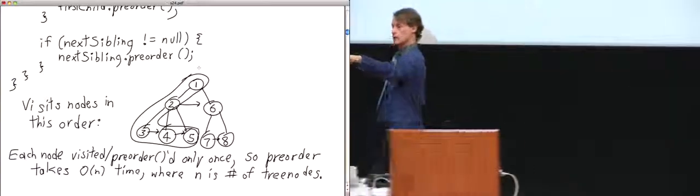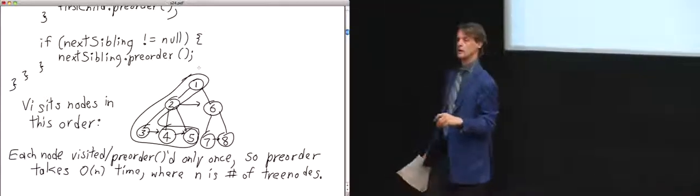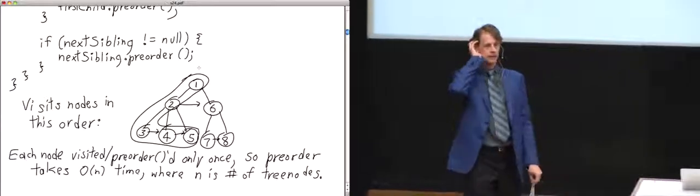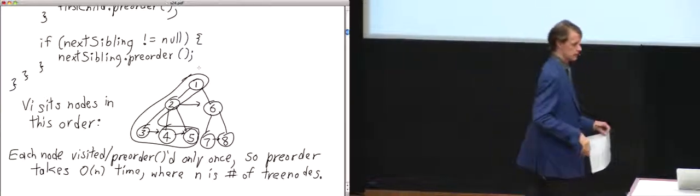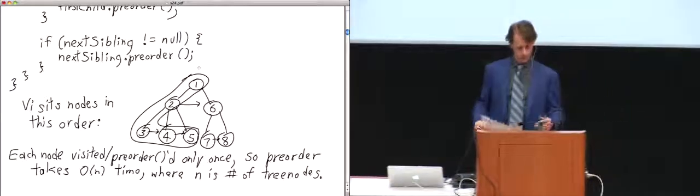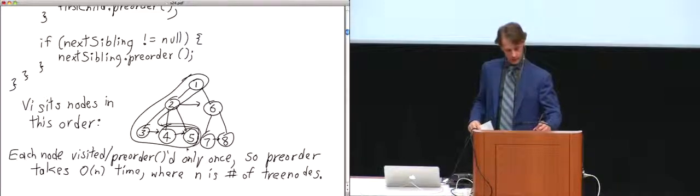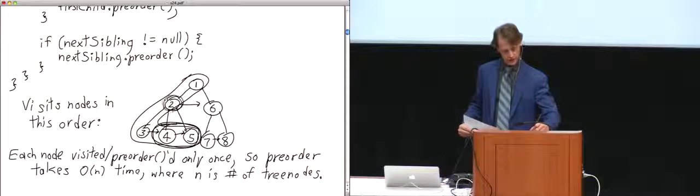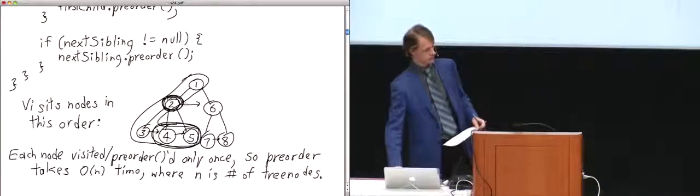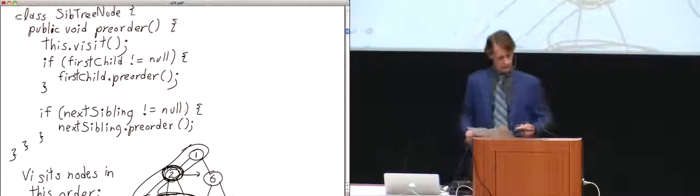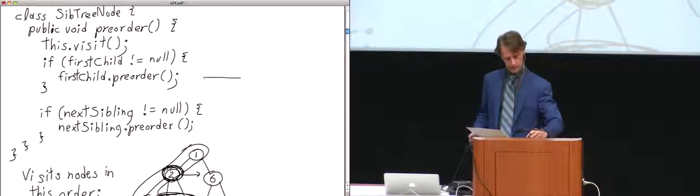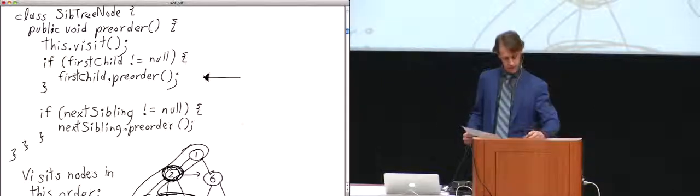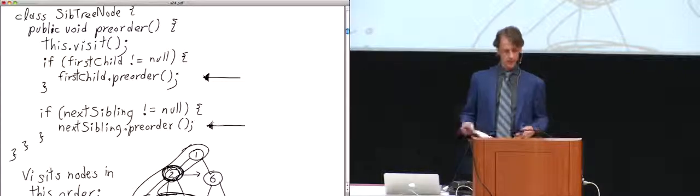There were other questions over here? Over there. Why do 4 and 5 get called before 6? Well, from node 2, what's happening? Node 2 is calling preorder on its child first, and later it's calling preorder on its sibling.